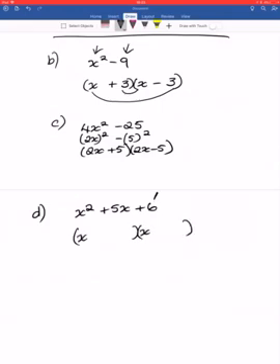Then I have to look at the 6 and the 5. I need two numbers that multiply to give me 6 but add to give me 5. So I look at my factors of 6, and I have 1 times 6 and 2 times 3. Now they add to give me 7 and they add to give me 5.